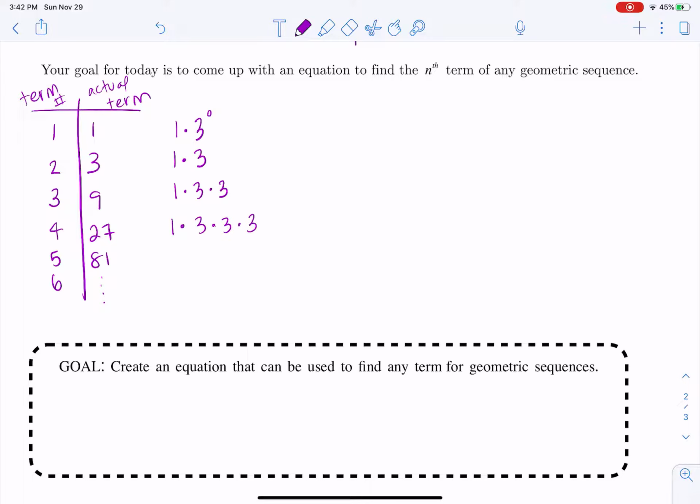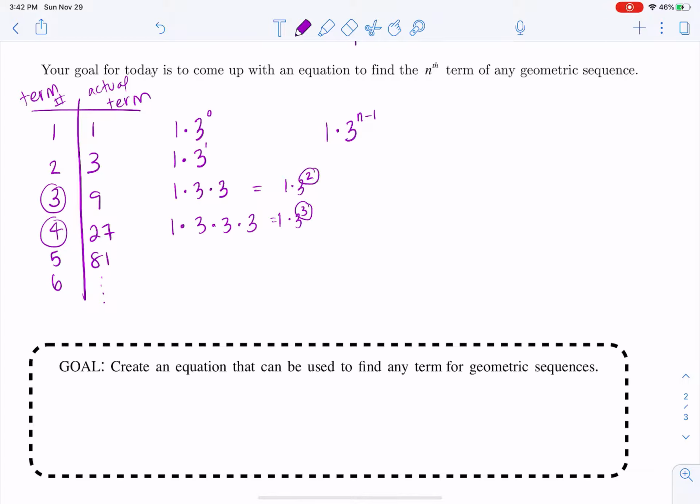So if I think about how I could represent this in terms of exponents, it looks like what I can actually do is say I have my first term, which is 1, times 3 to the n minus 1. So here's 3 to the first power. This is 1 times 3 squared. This is 1 times 3 cubed. And if you look, I have 4 and 3.